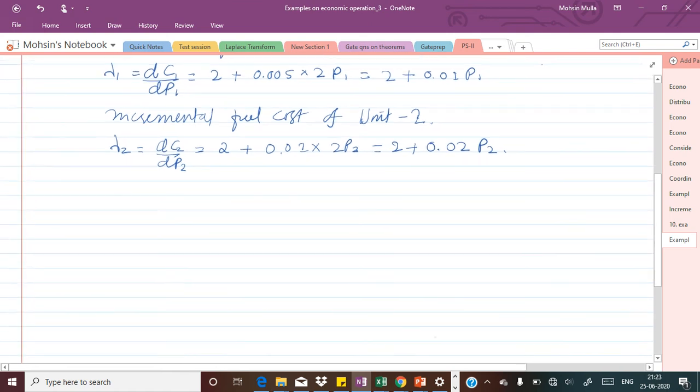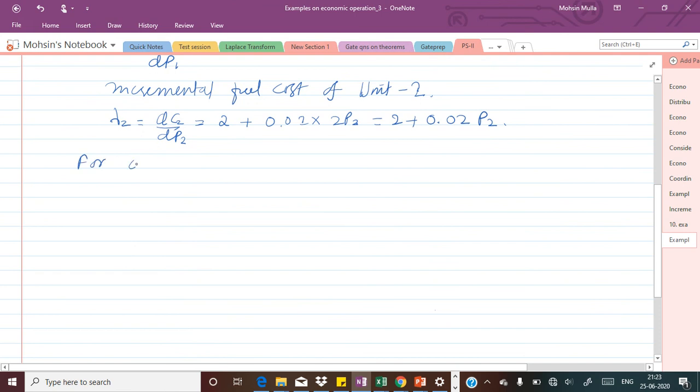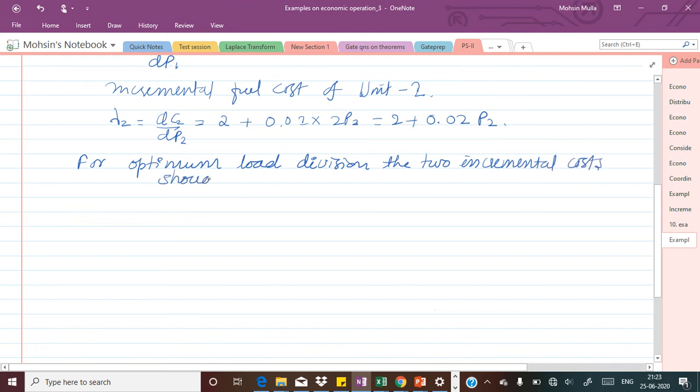Therefore for optimum load division, the two incremental costs should be equal, that is lambda 1 should be equal to lambda 2.